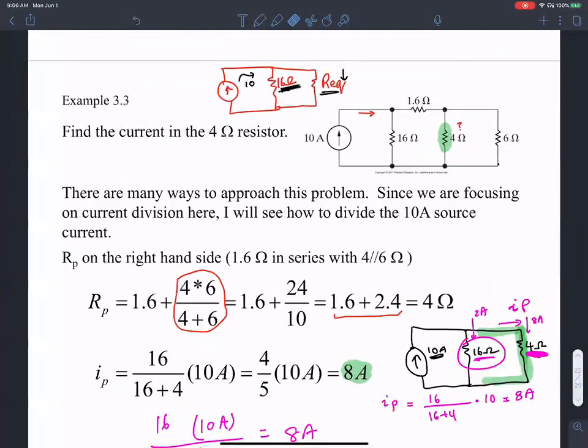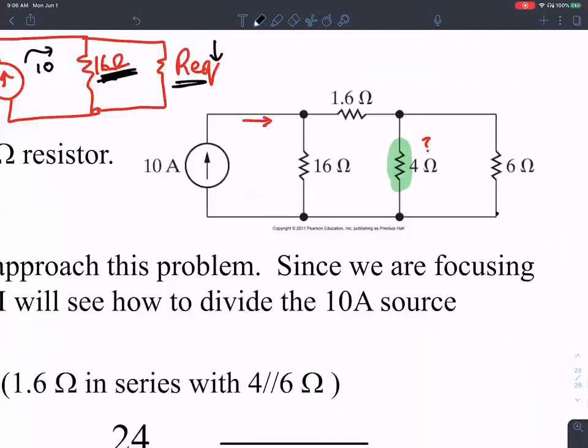So I just found out that the current here is 8 amperes, and the current here, by analogy, is 2 amperes. So I first used current division at that node.